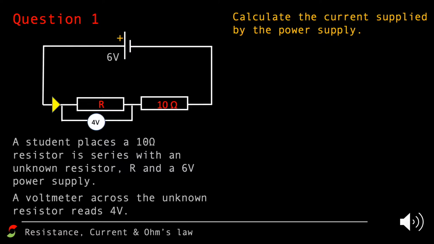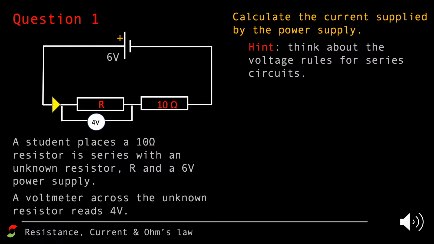Both of those would be incorrect, because 6 volts isn't correct because there are 2 resistors with a potential difference of 6 volts across them. And you can't use 4 volts and 10 ohms because the potential difference across the unknown resistor R is 4 volts. We don't know the potential difference yet across the 10 ohm resistor.